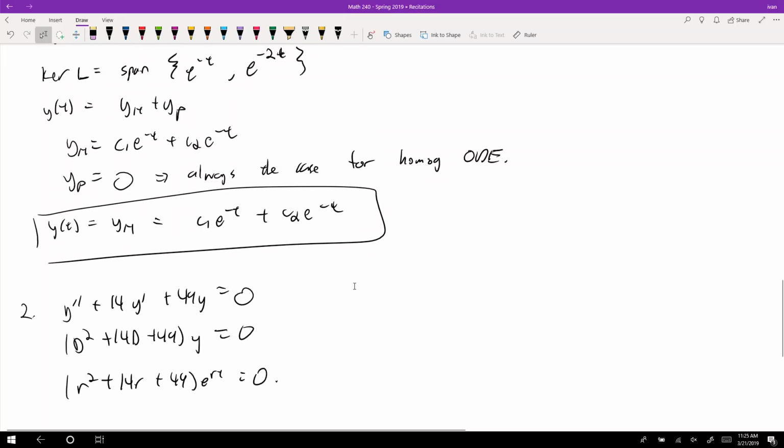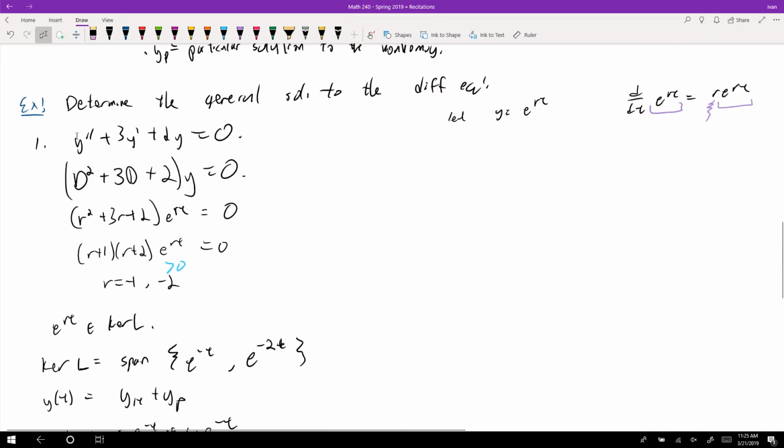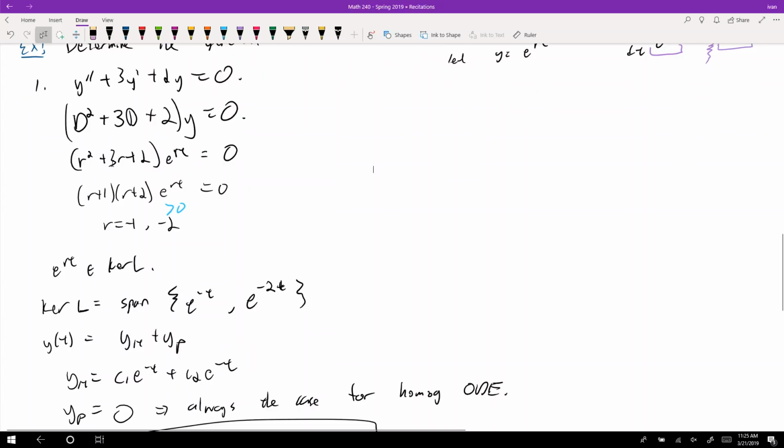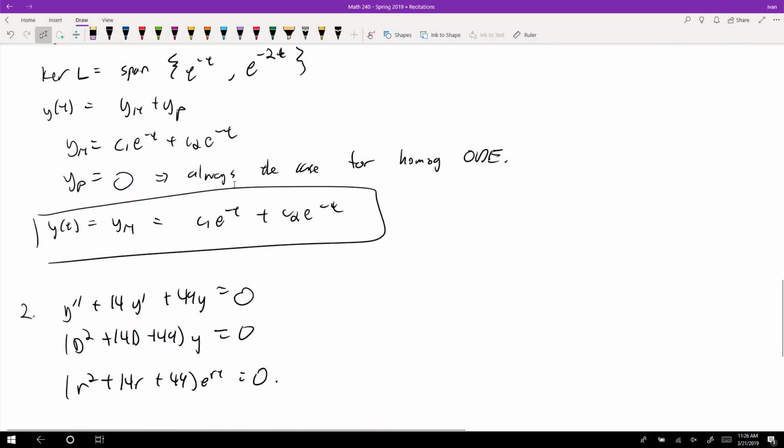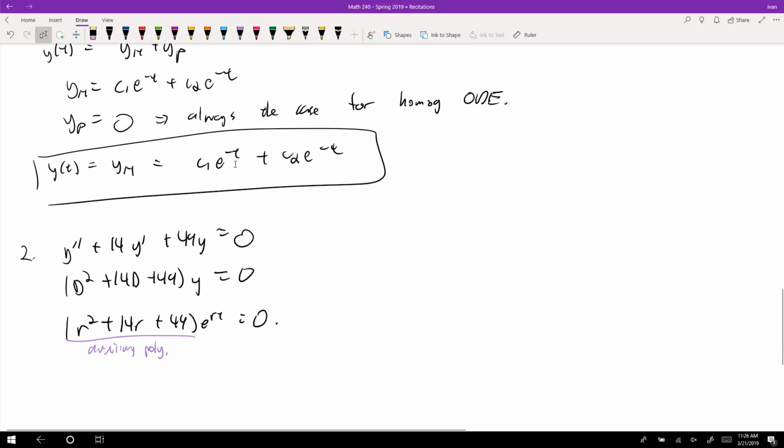These first steps are the exact same first three steps that we did in the previous one. We have our ODE, we write it in terms of the linear operator times y, and now we write it in terms of the auxiliary polynomial. I forgot to write that in. This thing is also the auxiliary polynomial, times e^(rt) is equal to 0.